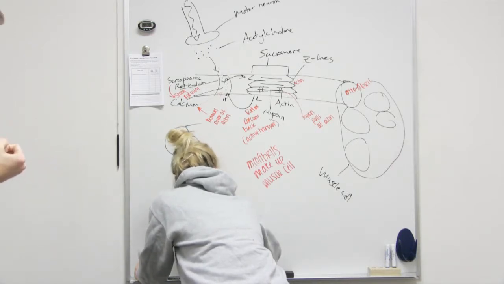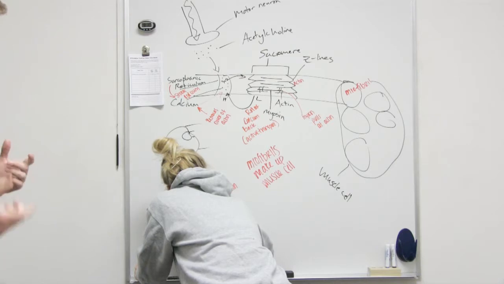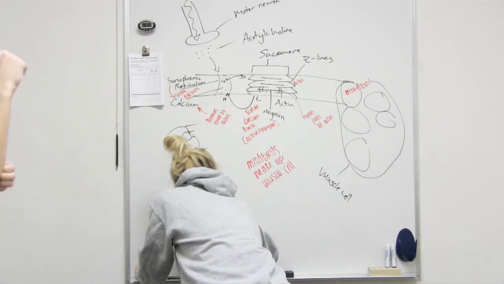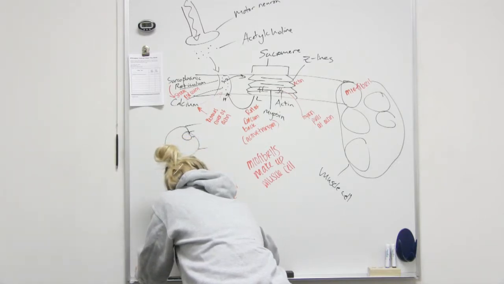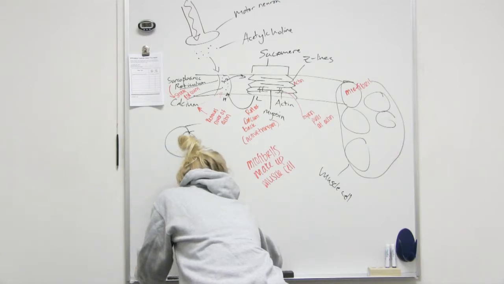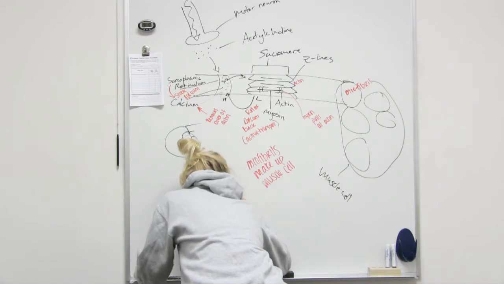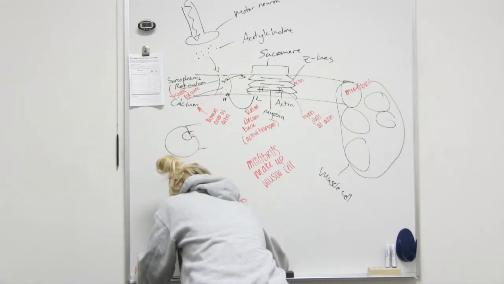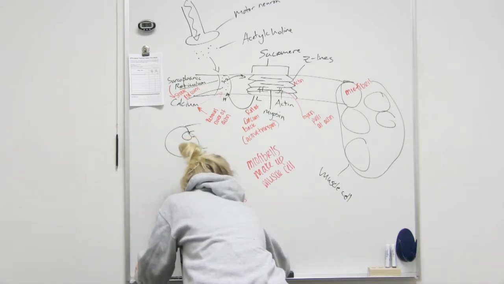If you did not have a way to keep your actin from the myosin, you would constantly be contracting all the muscles in your body. You'd just be stiff. So it's a way of controlling when you want to contract the muscles, when you want the myosin heads to grab onto the actin.